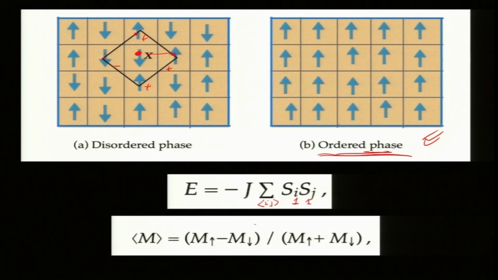So, the magnetization formula is m up minus m down divided by m up plus m down. If all of them are in one direction, then either plus 1 or minus 1, right. If all are up, then it is going to be plus 1, all are down is minus 1. If half up half down, then 0.